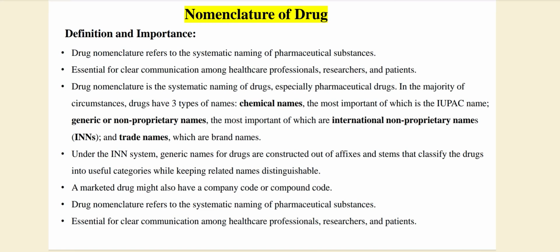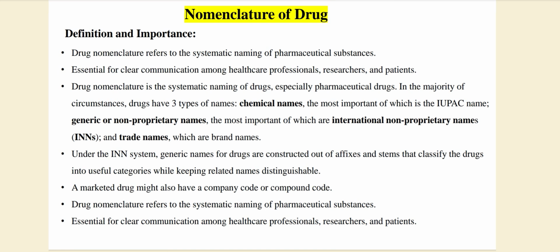In most circumstances, drugs have three types of naming: the chemical name, which is the IUPAC name; the generic name or non-proprietary name, the most important of which is the international non-proprietary name, INN; and the trade name, which is the brand name.